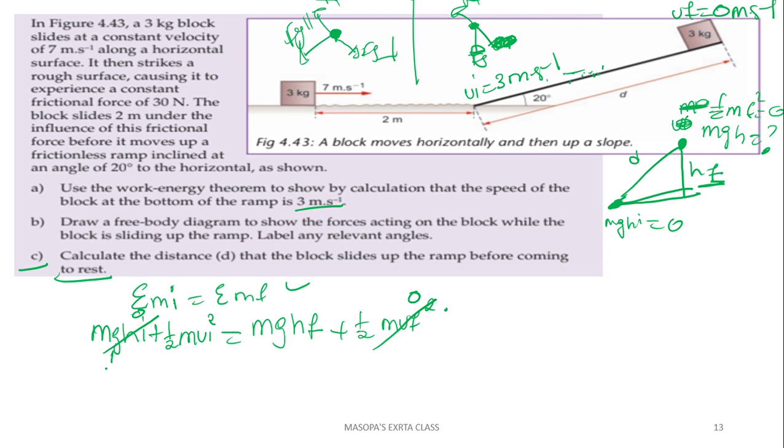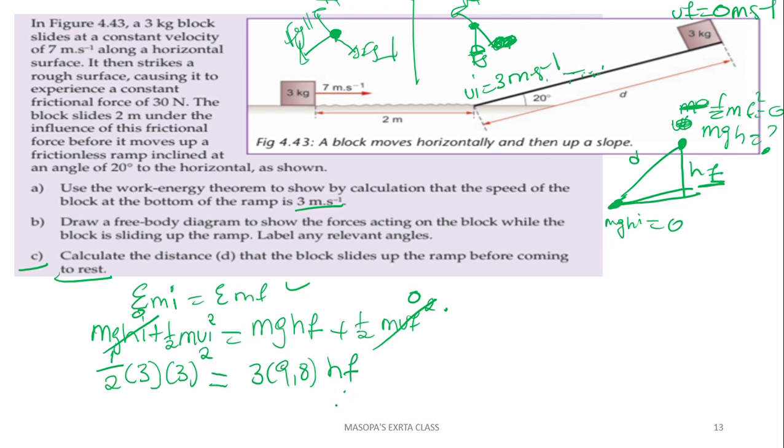So therefore we are left with the initial kinetic energy, and here is a mass of 3. Initial kinetic energy, it is 3 squared here. Then let's look here. The mass there is 3, the gravity is 9.8. The height, we don't have the height there.